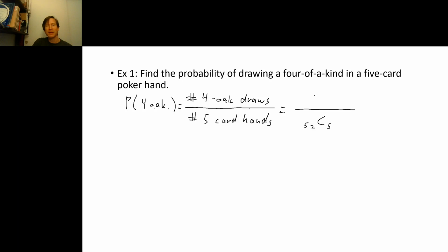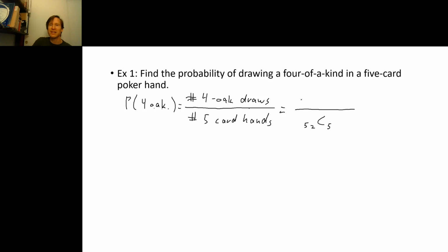To figure out how many ways there are of drawing a 4 of a kind, it's best to think about the choices you would have to make to determine what 4 of a kind you're talking about. The first thing you'd need to determine if you want to specify a 5-card hand that's a 4 of a kind is which rank you're talking about. You could have a 4 of a kind of 2s or of 7s or of kings or of any rank.